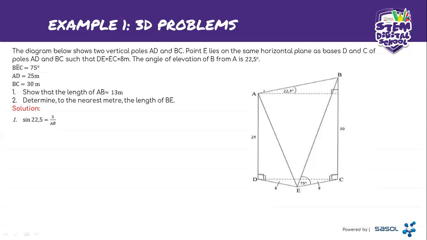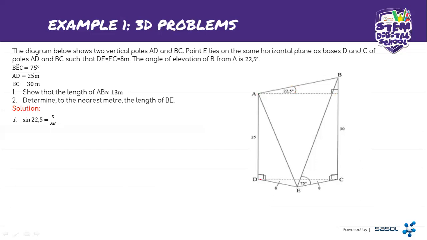Now, since we are in need of this side AB, you can now check which triangle to use. Now you can see that there's a triangle here where we have the angle of elevation, which is 22.5 degrees.